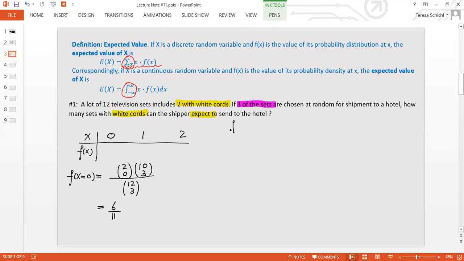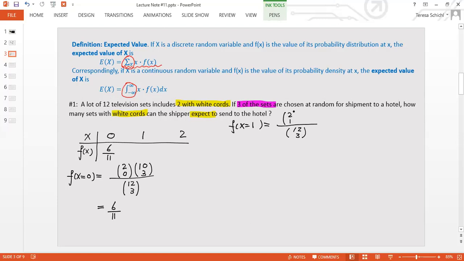Okay, so now let's take a look at f of x equal to 1. Here, let's write it. This is 6/11 for f of x equal to 0. Let's try one more time to see that we know how to find the probability. Total, how many? 12, right? You take 3 sets. Now I'm going to have 1 white cord, so out of the 2 white cord, how many do you take?